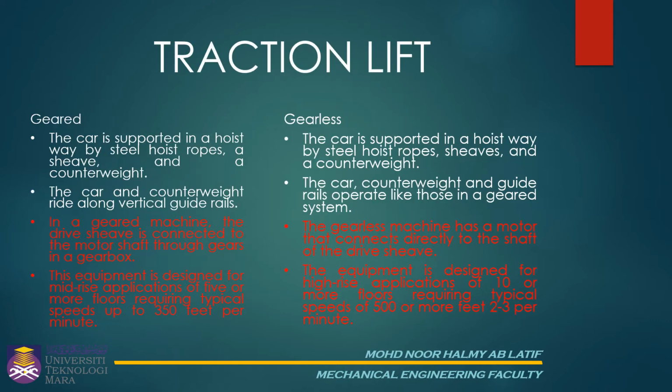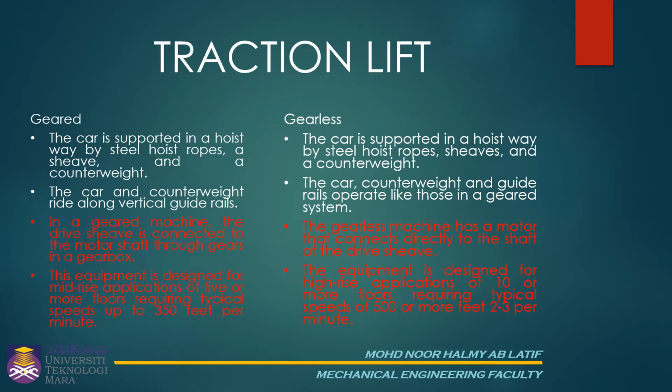Traction lift is divided into two types: either geared or gearless. For geared, the car is supported in a hoistway by steel hoist rope, a sheave, and a counterweight. The car and the counterweight ride along vertical guide rails.